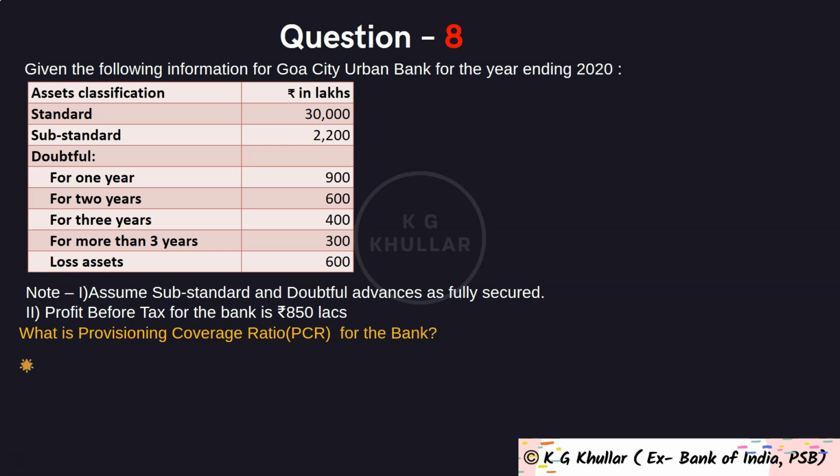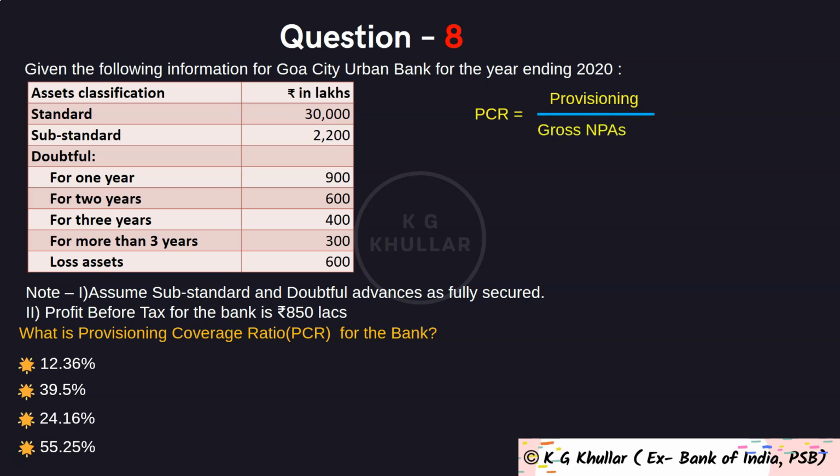Next question is, what is provisioning coverage ratio for the bank? And these options are given to you. Friends, provisioning coverage ratio is a very important ratio. And this is calculated as total provisions divided by gross NPAs multiplied by 100. Now, if you are confused with provisioning coverage ratio, that is PCR in short, then please go back to the lecture and revise the concept of provisioning coverage ratio again.